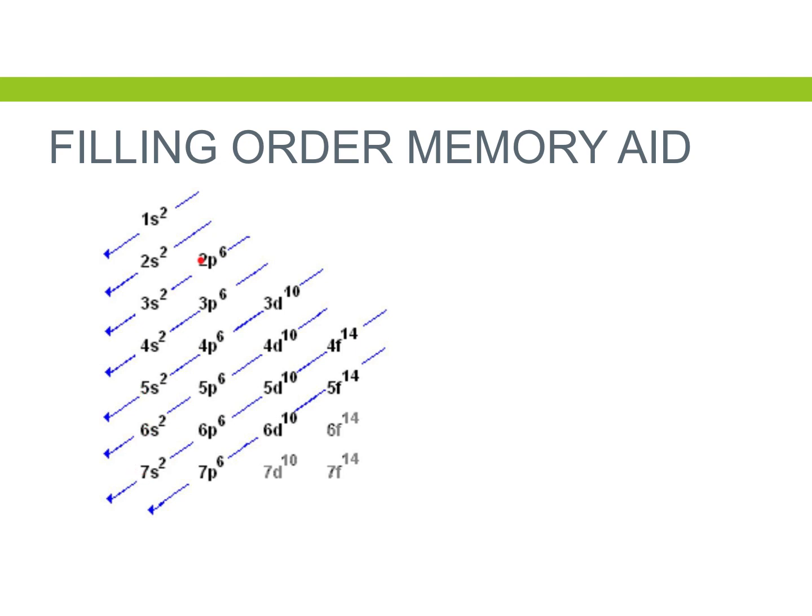Then the P block started at 2P, and we put it on the same row as 2S: 2P, 3P, 4P, 5P, 6P, 7P. The D block started at 3, so we put it where the 3's are: 3D, 4D, 5D, 6D. The F block started at 4, so it goes in the same row as the 4: 4F, 5F. If we put it like this, it kind of looks like a triangle.